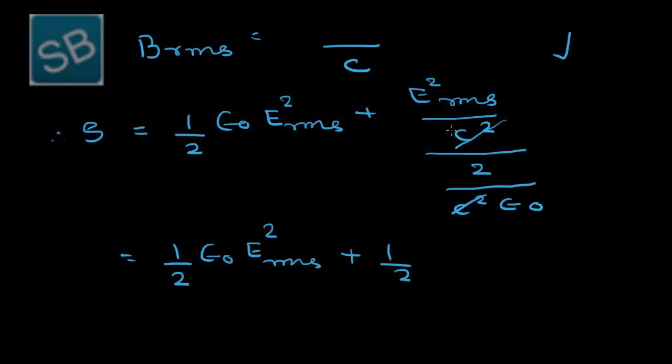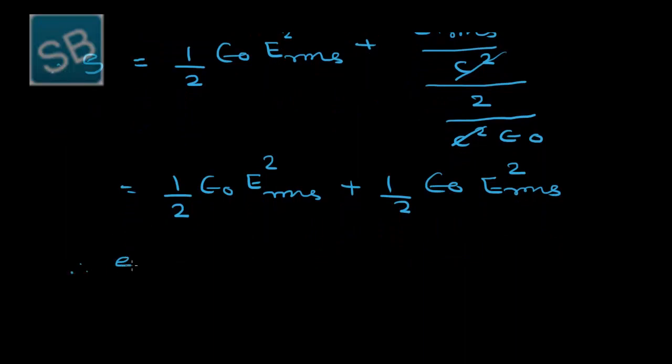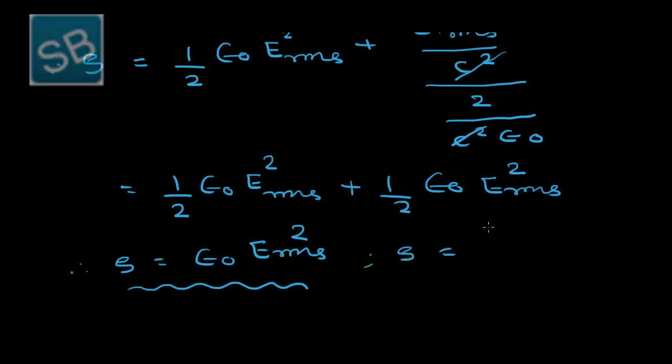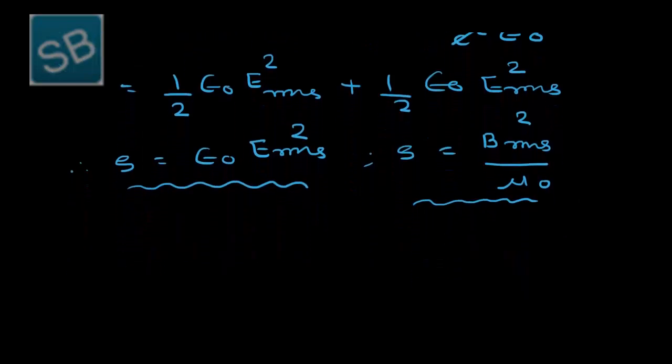Now the denominator of the denominator will come into the multiplication with the numerator. So it is epsilon 0 E RMS square. Therefore, rho is equal to epsilon 0 E RMS square. Similarly, you can obtain one relation in terms of the magnetic field, B RMS square divided by mu 0, and so these two are the energy density for electromagnetic waves.